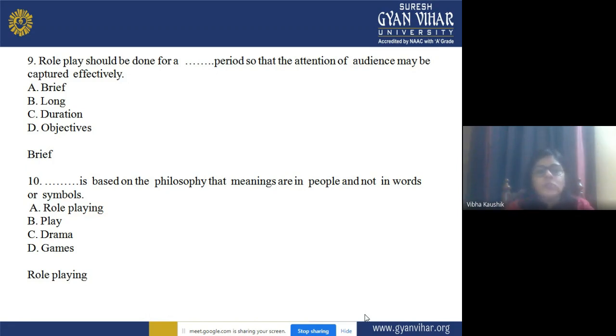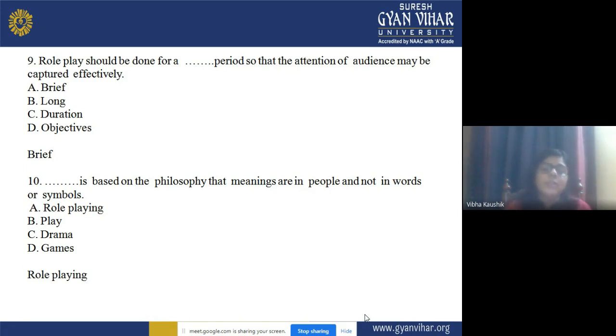Now the options are option A, role playing, option B, play, option C, drama, or option D, games. Now students, you have to select the correct one on the basis of the given options.